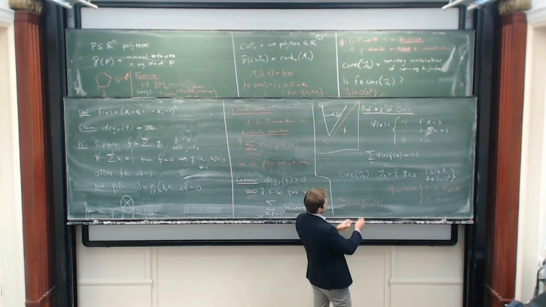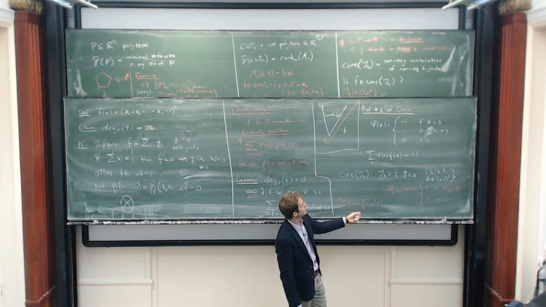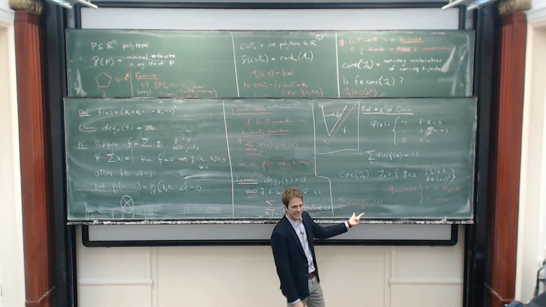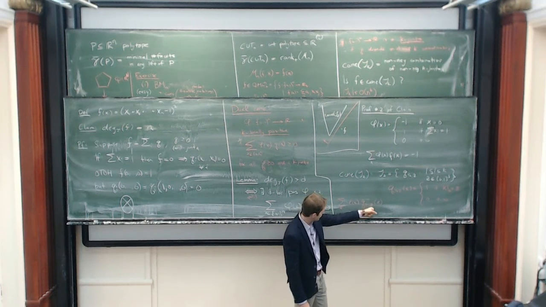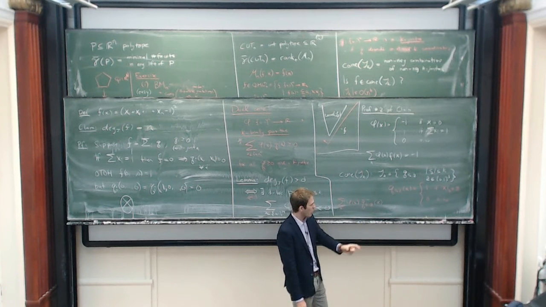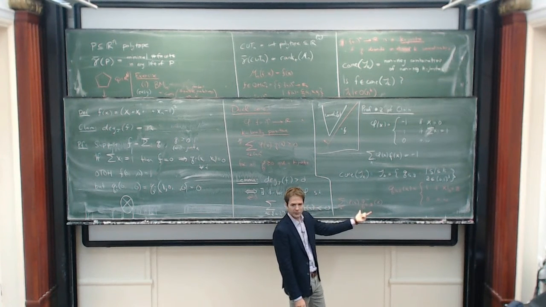We want to prove that this is non-negative, so the only way to pick up a negative contribution is for this thing to be supported at 0, which means that this z should be equal to 0. If this thing is looking for a 1 somewhere, it's not going to be supported at 0.